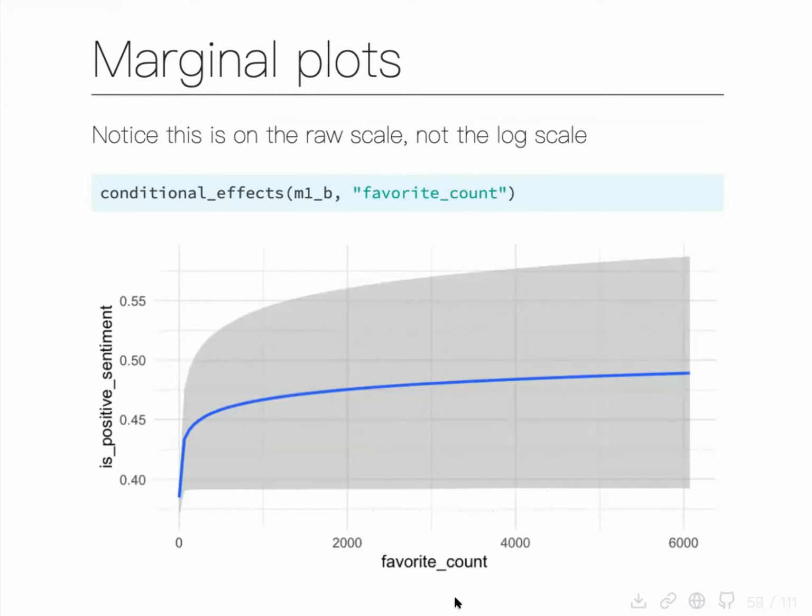And then for our favorite count, if I do this, notice it actually detects, because we put the log part in the formula, it figures that out, and then when it produces our marginal plot, it puts it back on the raw scale. So that's pretty spiffy, I think. And here's our best estimate, I think it's the mean of the posterior distribution, that blue line, and then the gray is, I believe, a 95% credible interval around that mean.